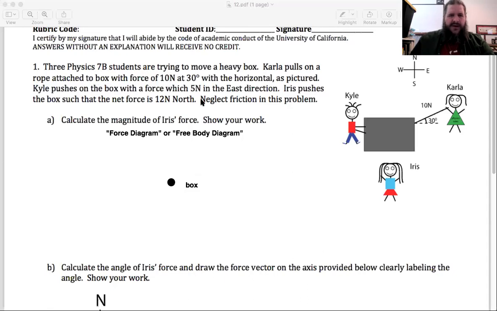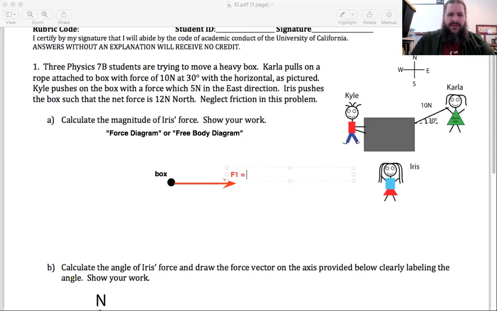So for Kyle, we've got 5 newtons to the east. So that's the force of Kyle. Since we're going to get confused with F sub k twice, let's just call this F sub 1.